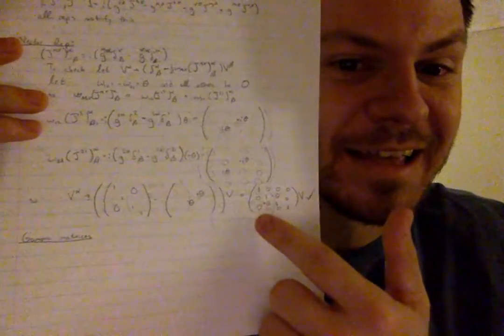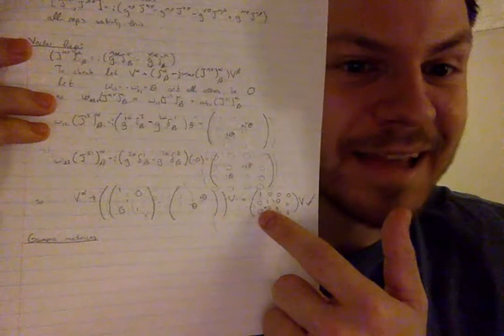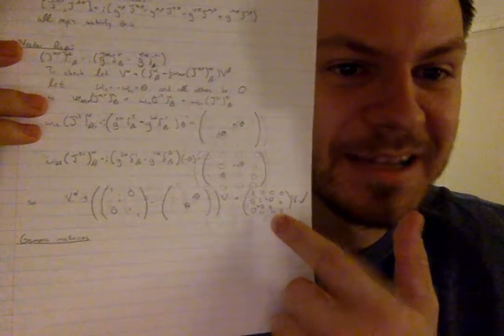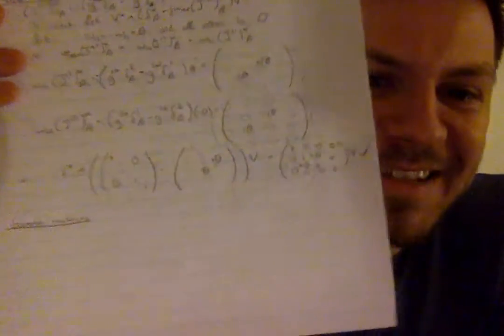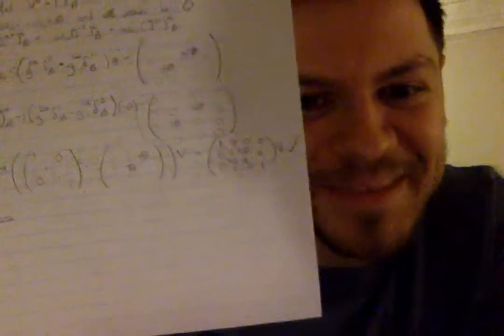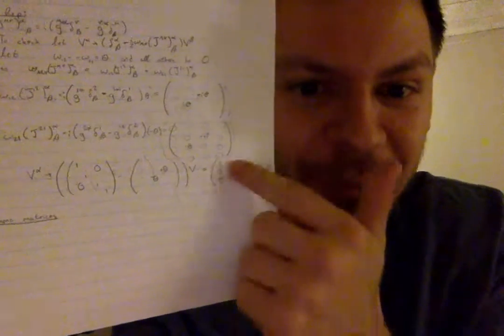It kind of looks like cosine θ, sine θ, minus sine θ, cosine θ, but you take θ really small, and cosine of θ small is 1, and sine θ of really small is θ. So that's the infinitesimal form, and it works. This is what a Lorentz transformation looks like. It's a 4x4 matrix which acts on a 4-vector. So we did good.